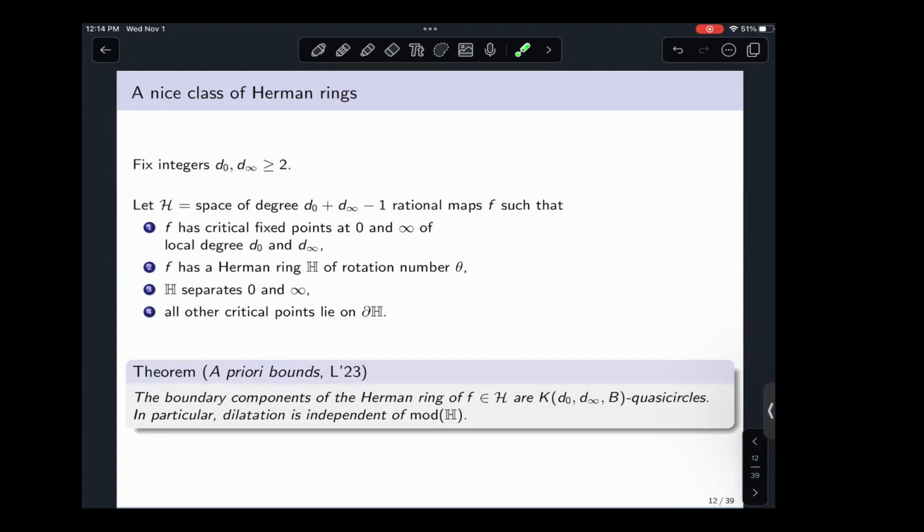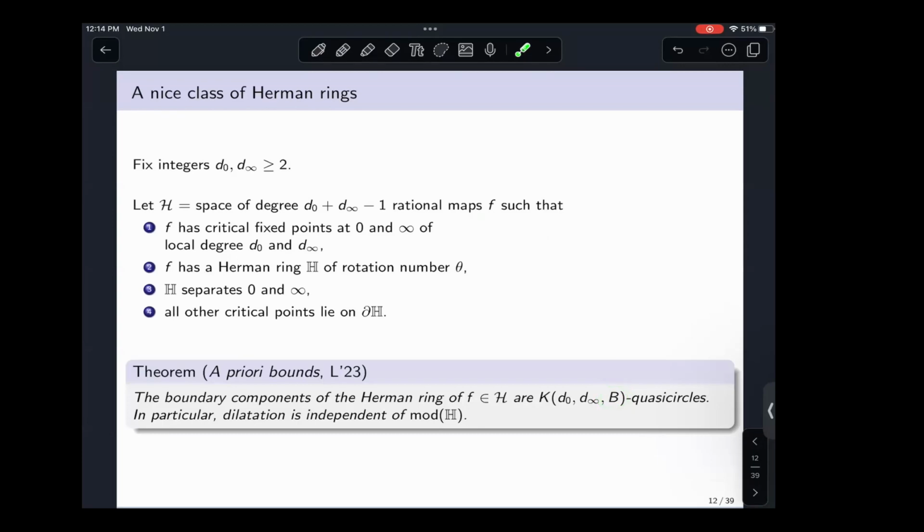The boundary components are again quasicircles, but now I can say for sure that the dilatation is independent of the modulus. It only depends on the pair of integers, the degree I have, as well as the bound on the rotation number.